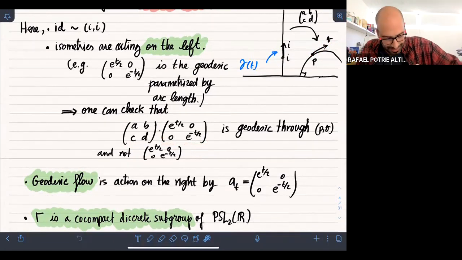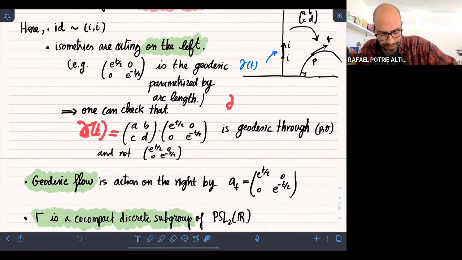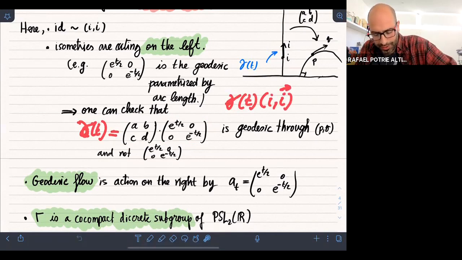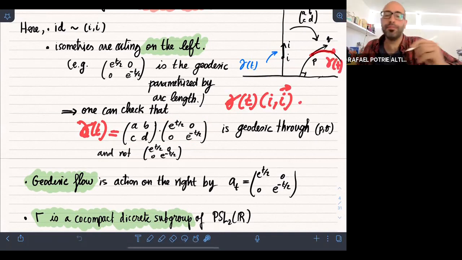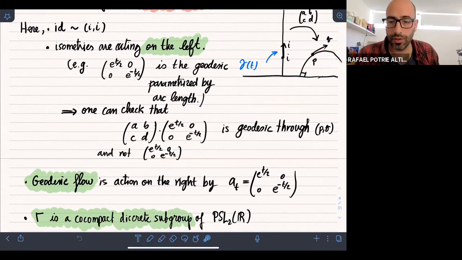Okay, so let's call this matrix gamma of t. It verifies that gamma of t applied to the point i and vector i goes to the point gamma of t here. Okay, this is what we are checking.